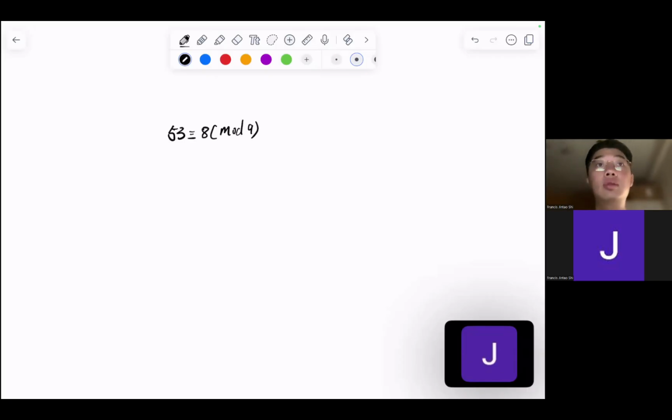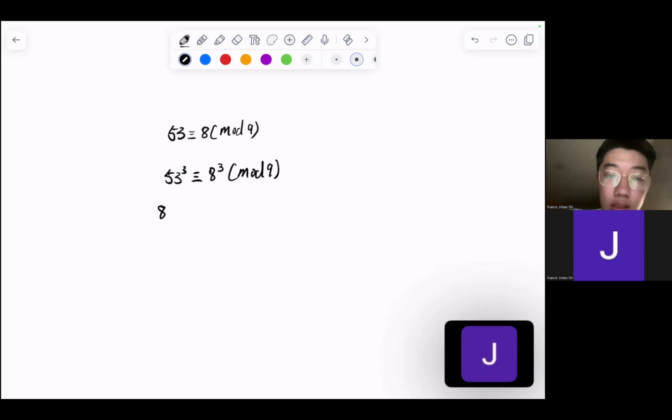And using the congruence, we substitute, we will get 53 cubed is congruent to 8 cubed mod 9. Now we can compute 8 cubed first. 8 cubed is equal to 8 times 8 times 8.